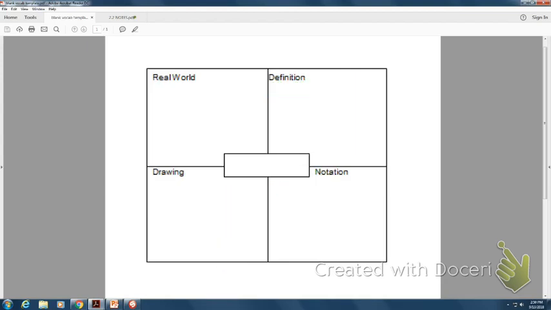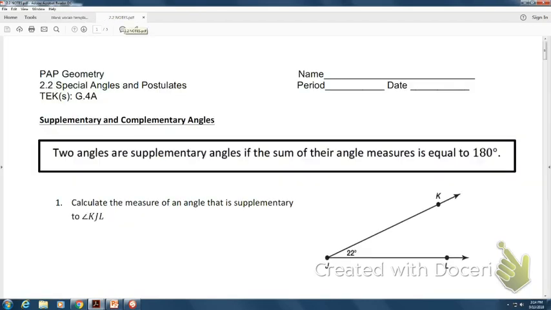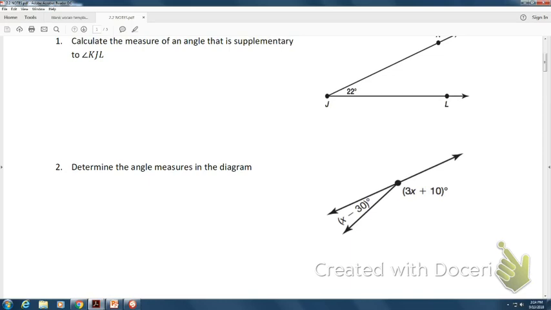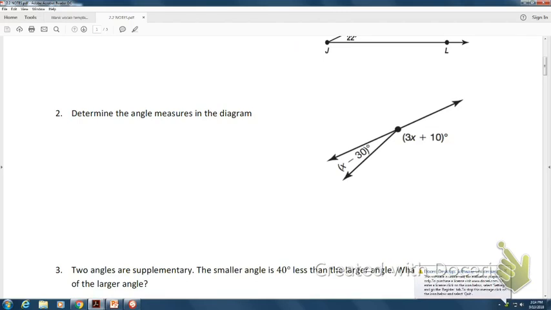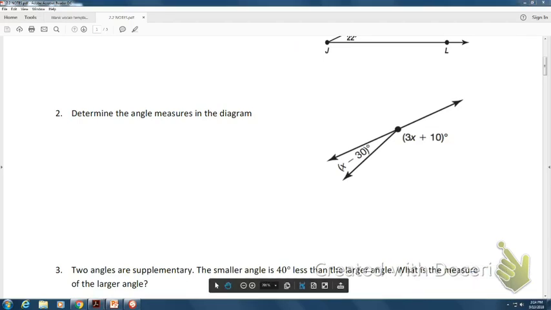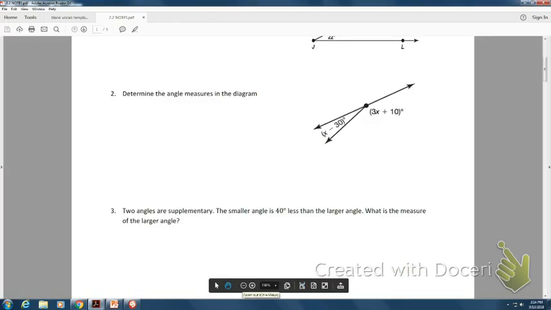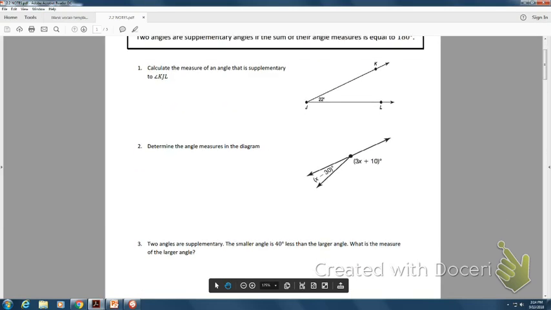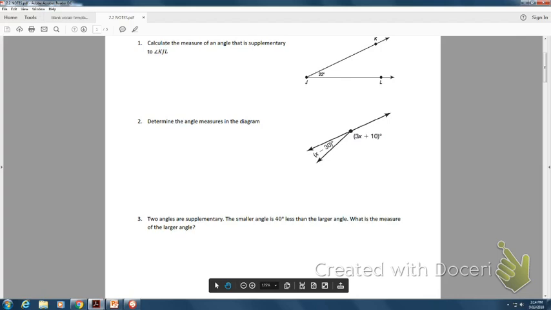These won't take very long. All right, first one. Calculate the measure of an angle that is supplementary to KJL.